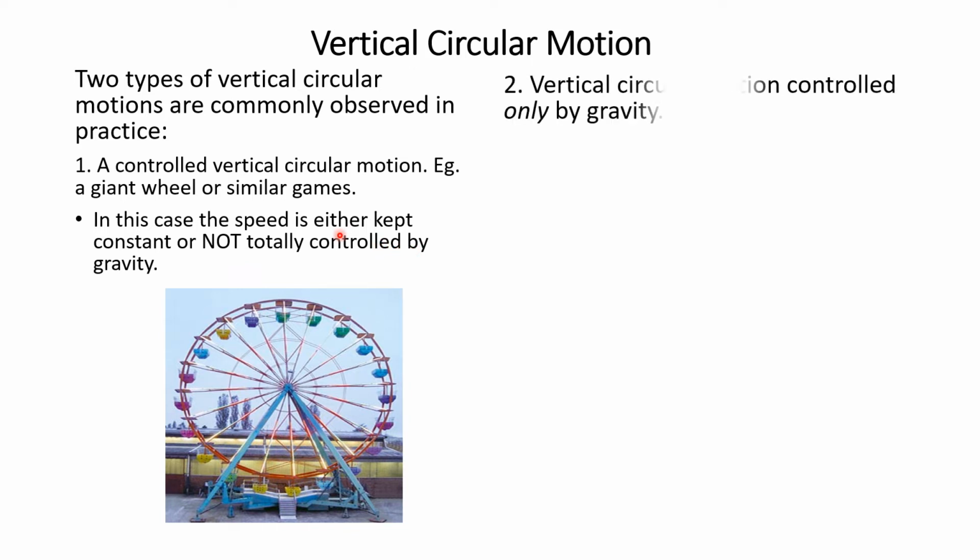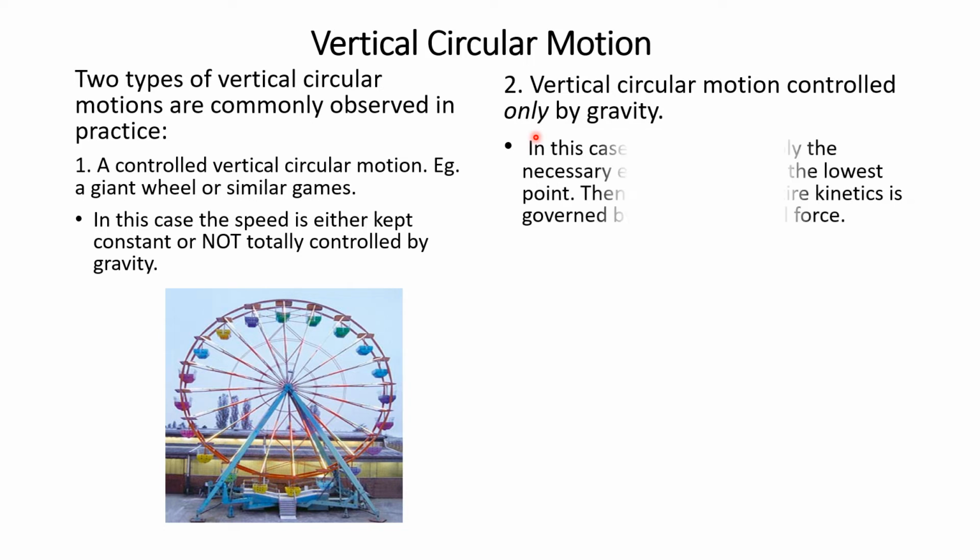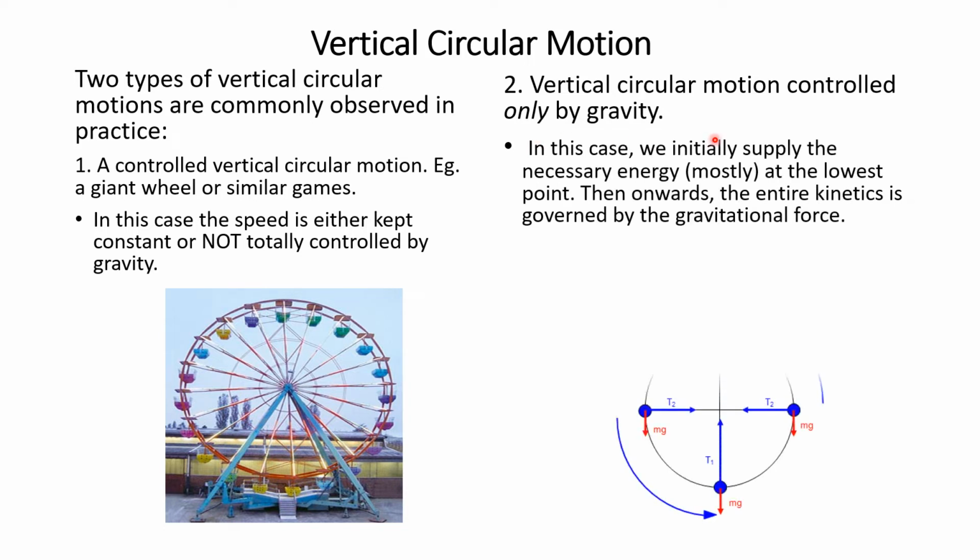The second type of vertical circular motion is the vertical circular motion controlled only by gravity. In this case, we initially supply the energy at the lowest point and then onwards the entire kinetic energy is governed by the gravitational force and it starts whirling in a clockwise or anti-clockwise direction.